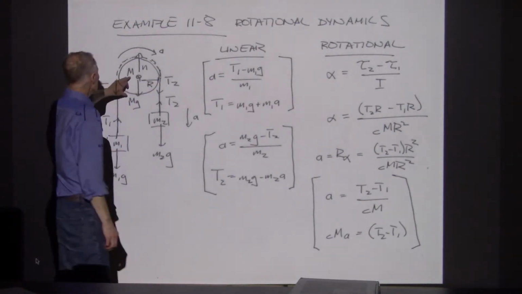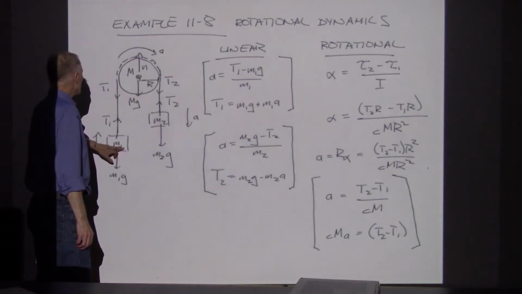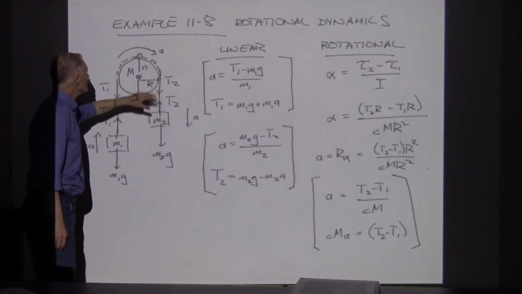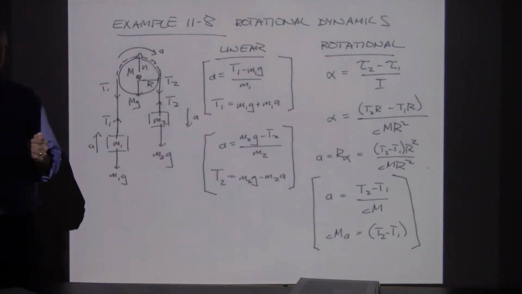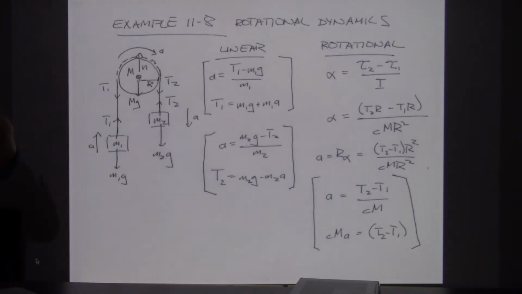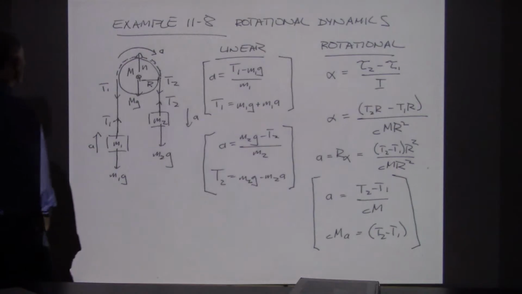So we've got a pulley, a couple of masses on here, and here is the string going over. Now there is friction between the cord and the pulley, and so the pulley is going to be set into motion. It's static friction, so there's no sliding happening as a result.